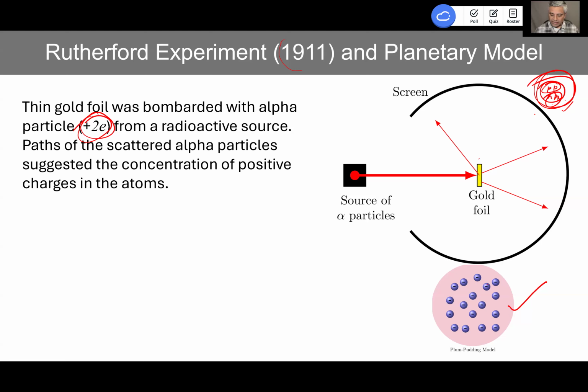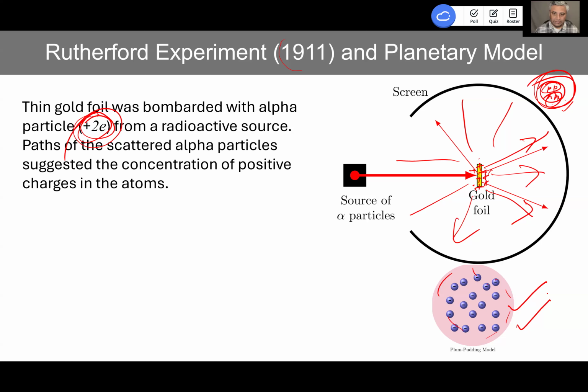And the expectation was that when you have positive charge everywhere, you expect so many of these alpha particles to be bouncing back and going all over, and some of them may penetrate and go through. That's the expectation based on the plum pudding model.